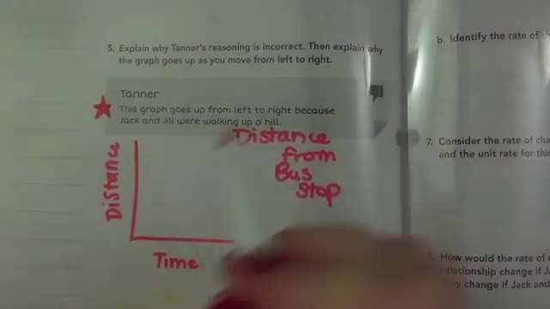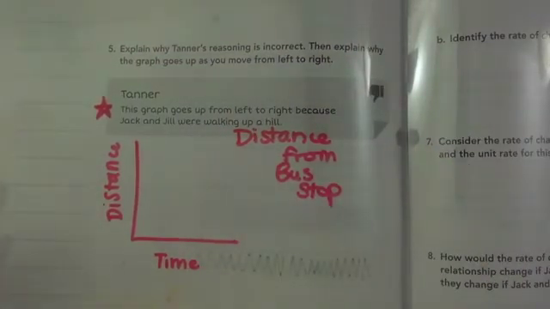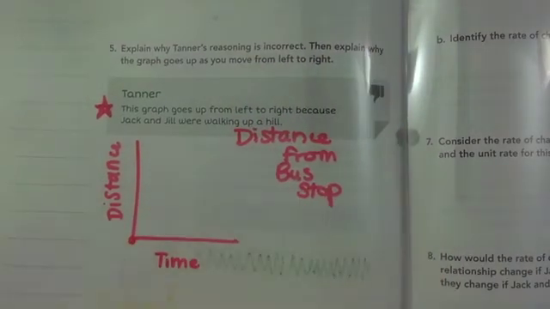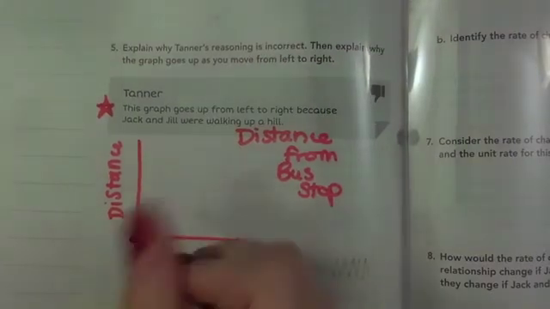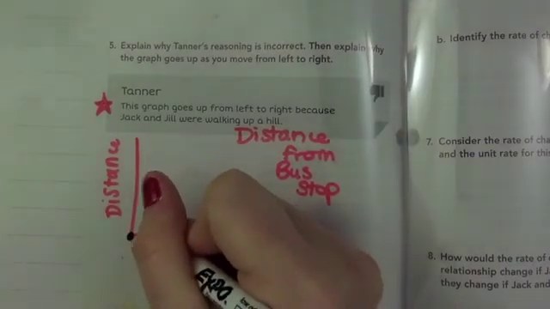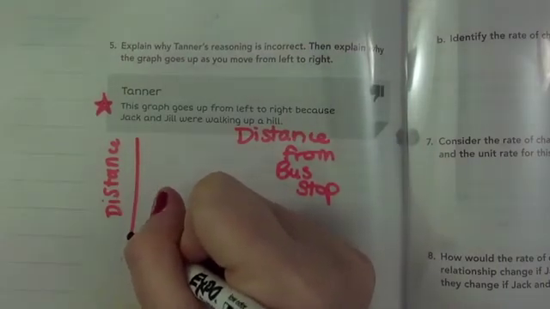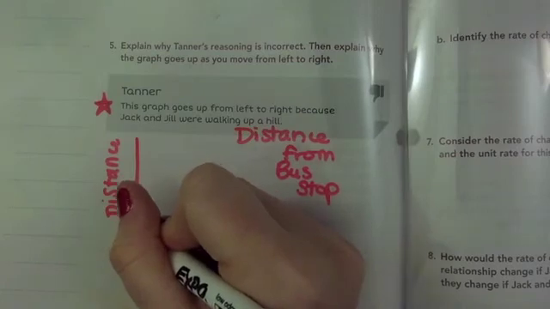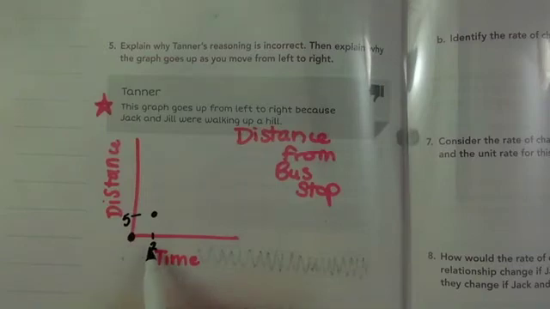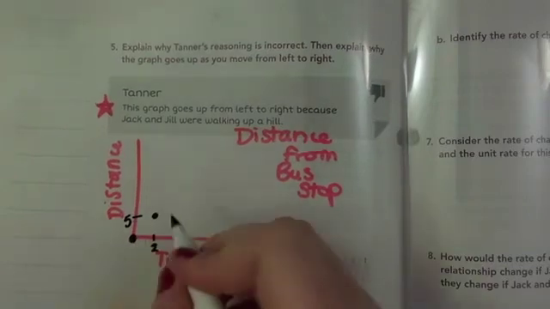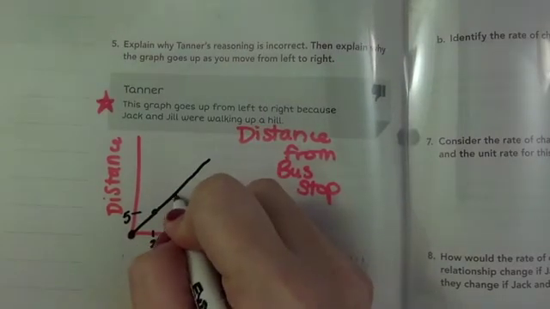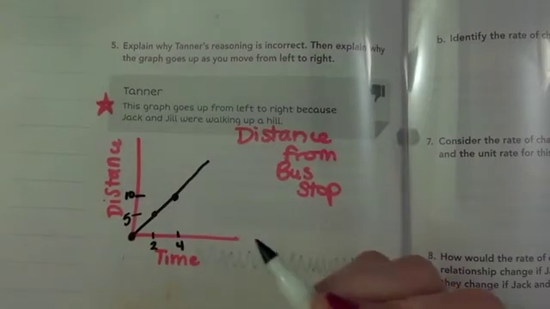If they walked uphill on the way there, that means they would be walking downhill on the way back. So they're going to start at the bus stop, so 0 time is 0 distance. Then let's say they walked for 2 seconds and got 5 yards away, and then they're going to continue walking, and that was 10 seconds.